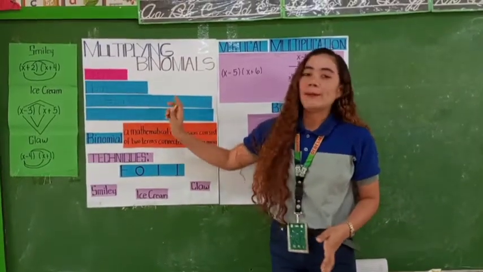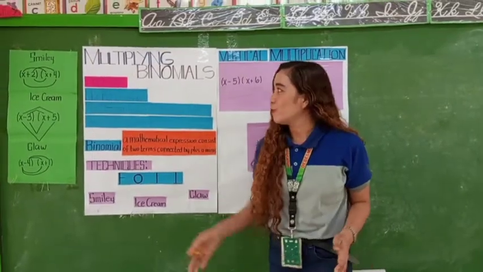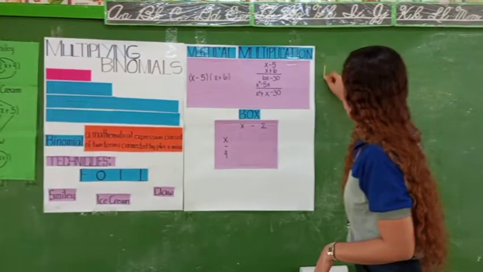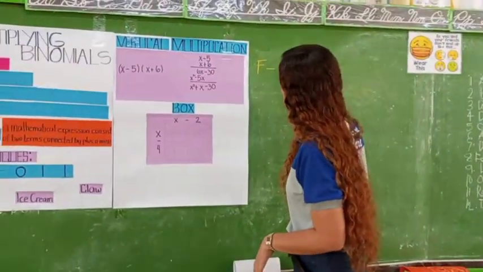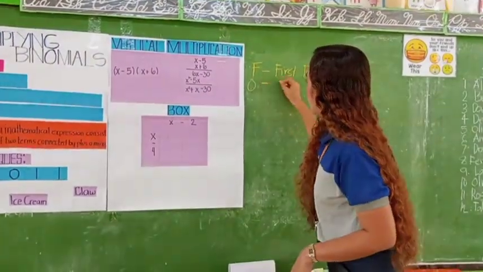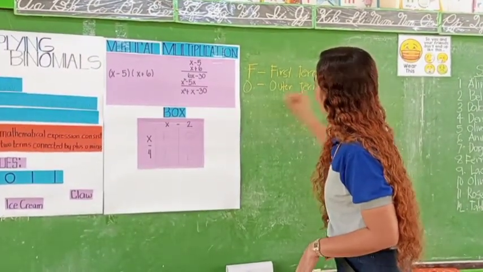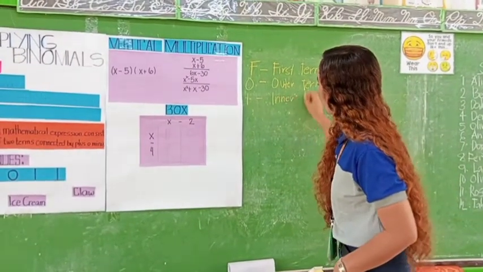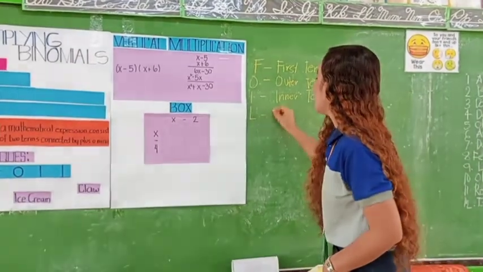Okay, in multiplying binomials, we have here the most common way on how to multiply binomials through FOIL method. FOIL method means F stands for first term, O means outer term, I means inner term, and L means last term.